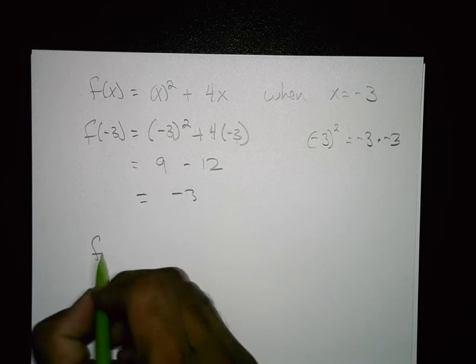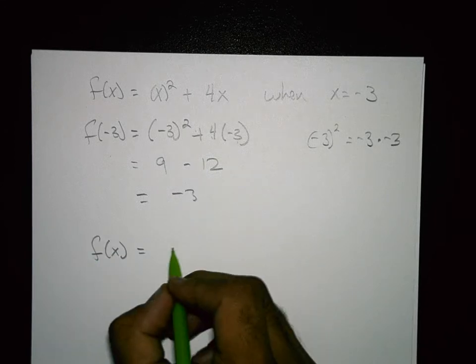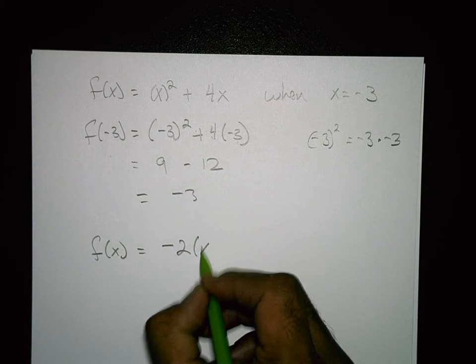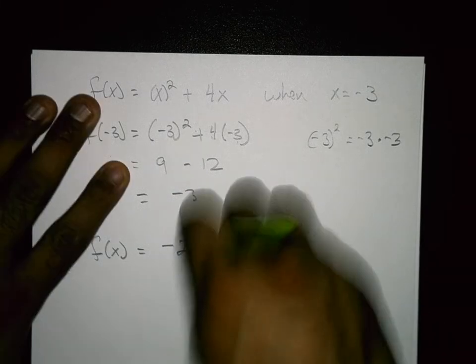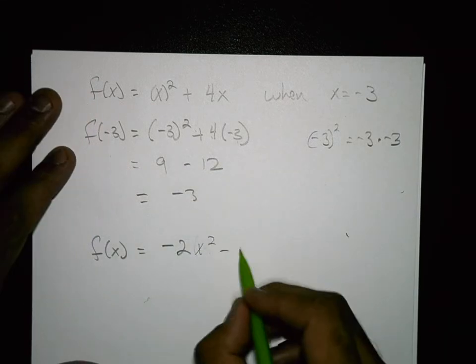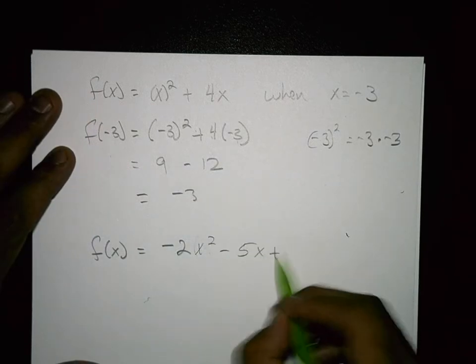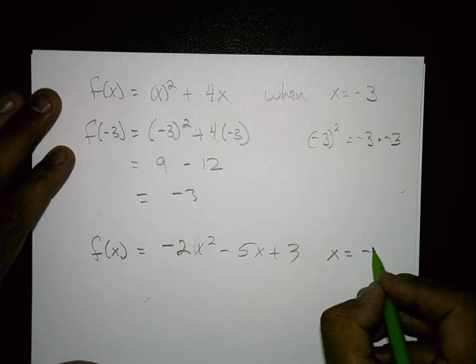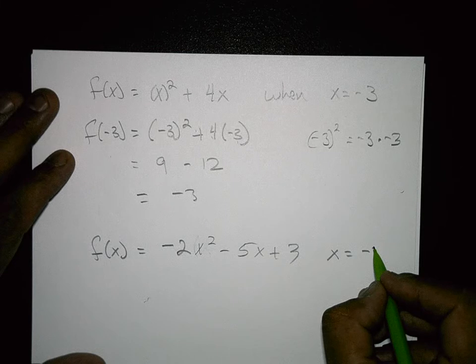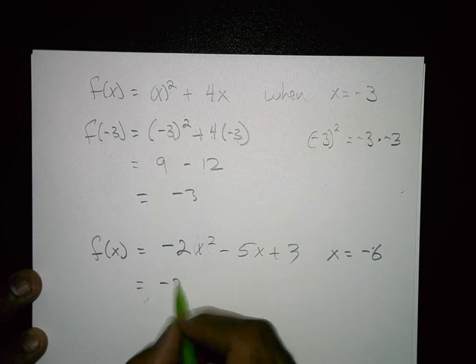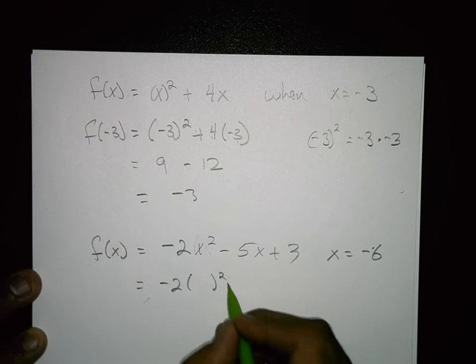Let's try f of x equals x squared minus 5x plus 3, and x equals negative 6. In this case, I'm going to substitute, and I'm going to write this a little bit differently.